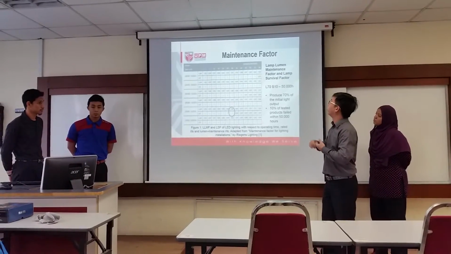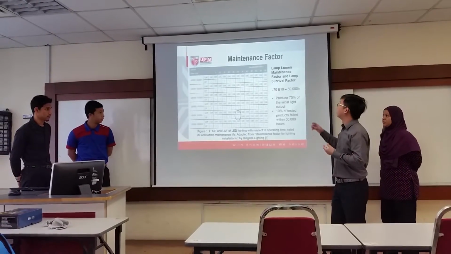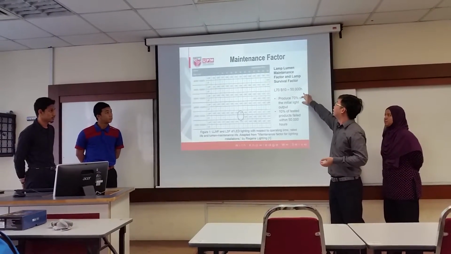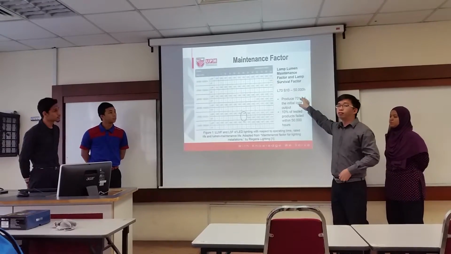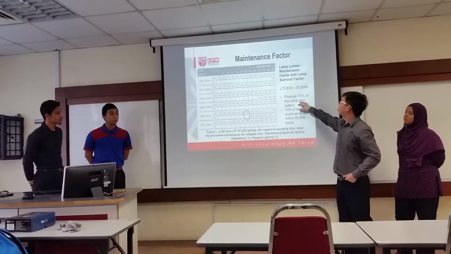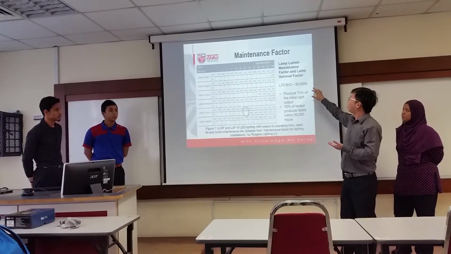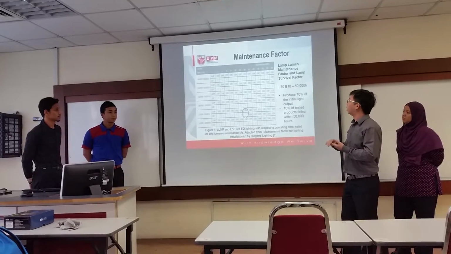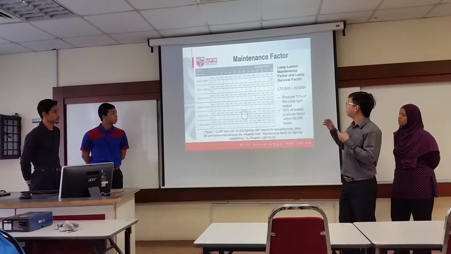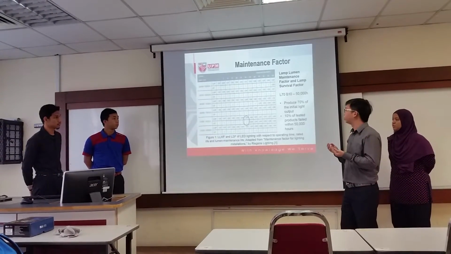As you can get from the data sheet, the luminaire that we chose is L70 B10 at a 50,000 hour rating. It means that the luminaire will produce 70% of the initial light output after 50,000 hours, and B10 means 10% of tested products fail within 50,000 hours.